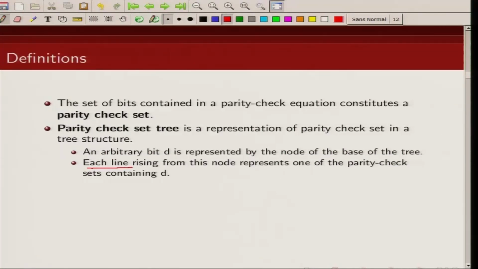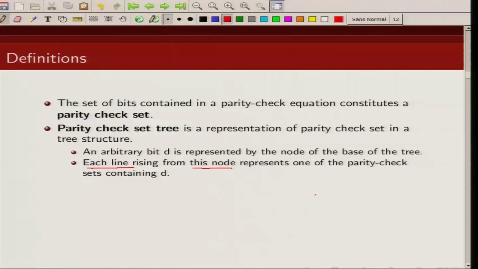There is a line arising from this node and each of these lines represents one parity check equation where this particular bit is participating. So, each line arises from the node and represents one of the parity check sets where this particular node is participating.